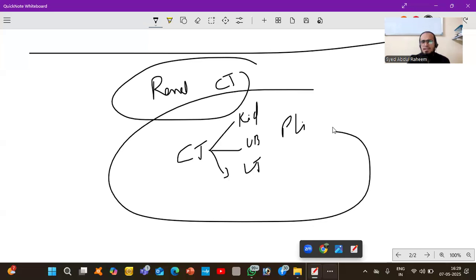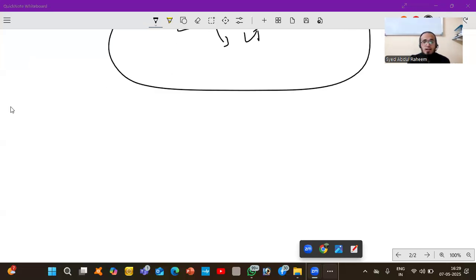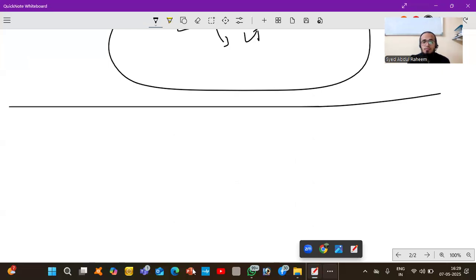So mostly here, to understand the renal pathology, they will go through the CECT. So you have to understand what is CECT. You can write in the chat box also. What is CECT?